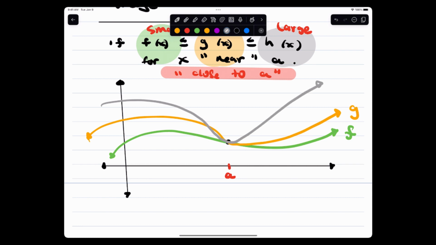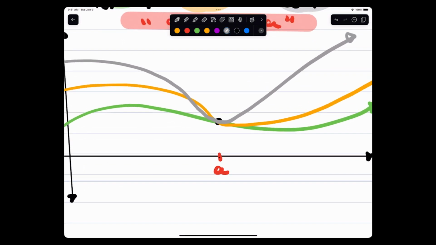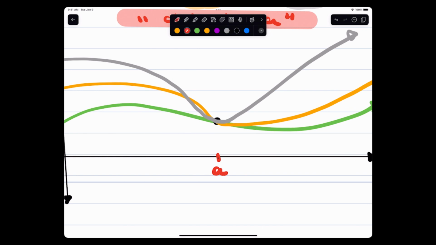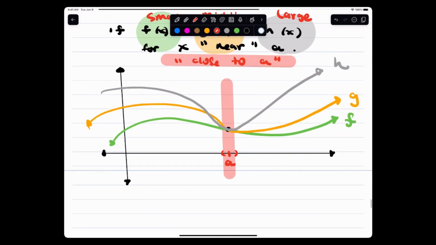It doesn't matter if it overlaps, because being near, being close, is really what they mean: being arbitrarily close. This is what they mean by for values of x close to a.